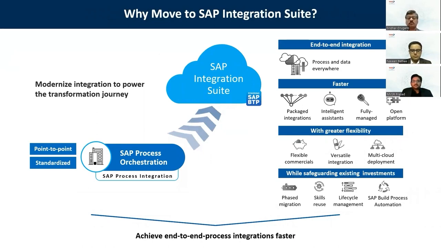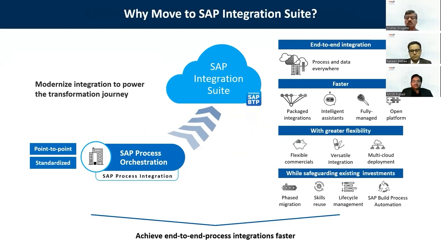So what exactly is the offering from SAP when it comes to moving from Process Orchestration? In Process Orchestration and its older variants, like before 7.5, the majority of the focus is on developers creating point-to-point integrations.